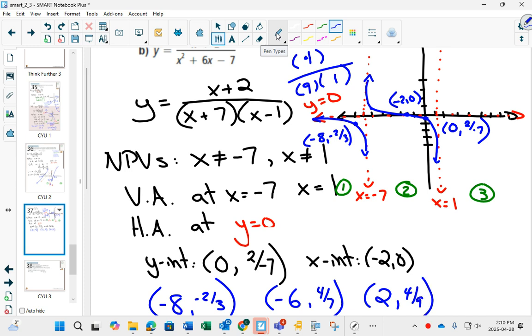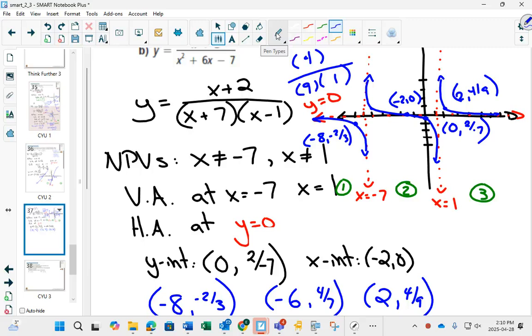I know we're calling these nice points, but they're all funny looking fractions. We're used to nice points being all whole numbers, right? But it's nice enough because all we need is that point, 2, 4/9, to know that in here it has to look like this. And our graph is done.